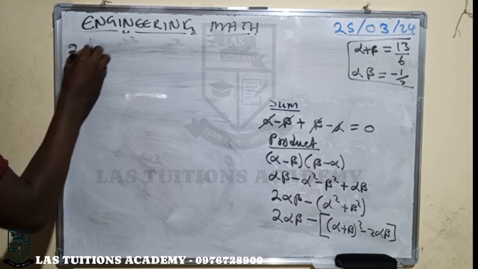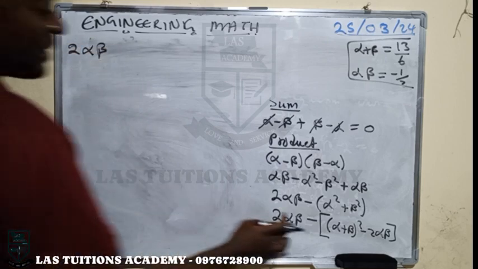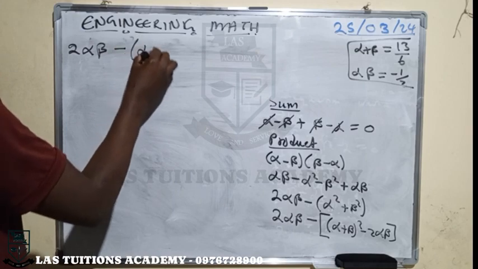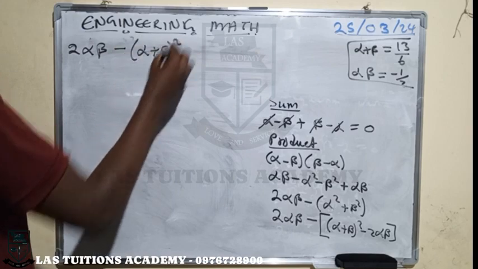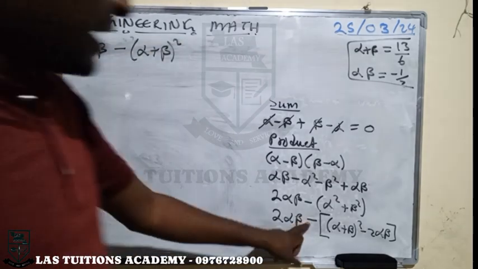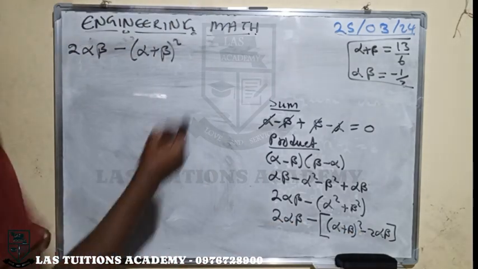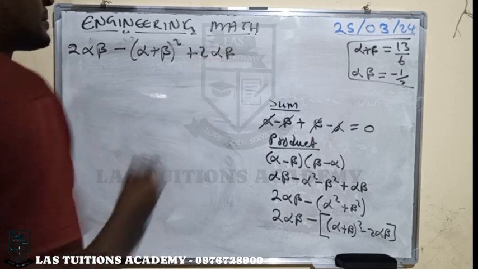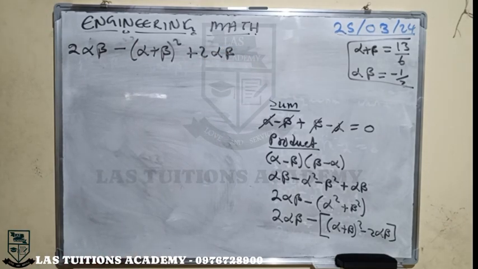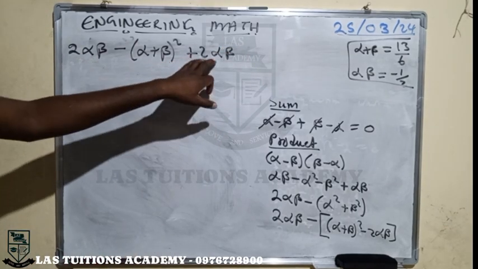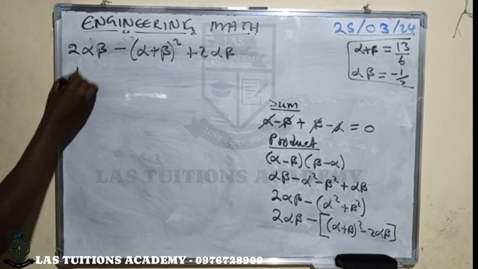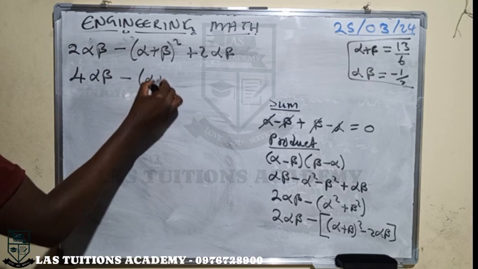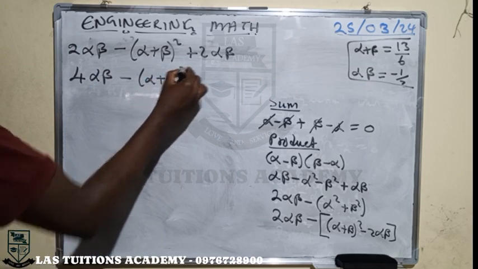Now minus times this gives us minus alpha plus beta squared. Then minus times minus gives us plus 2 alpha beta. So this alpha beta and that alpha beta add up to give us 4 alpha beta minus alpha plus beta squared. Okay, very interesting.